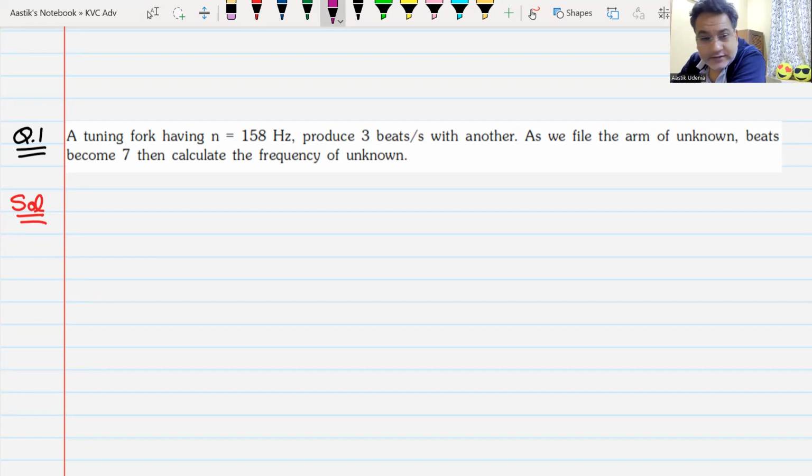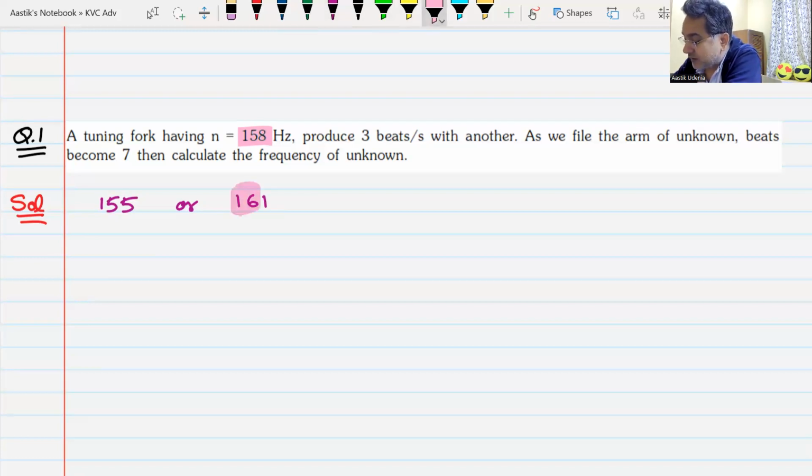So since this is given as 158 and it produces 3 beats, the answer could be either 155 or 161. Now, if you file this one, the frequency will increase and the beats can go from 3 to 7.